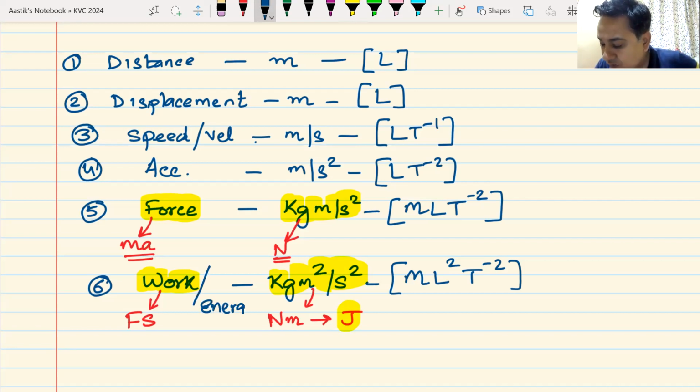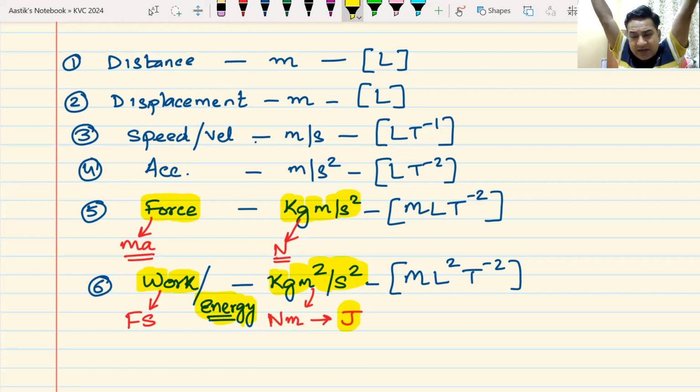They both have the same SI unit. They both have the same dimension, but definitely they are not the same physical quantities, but they have the same SI unit and same dimension.